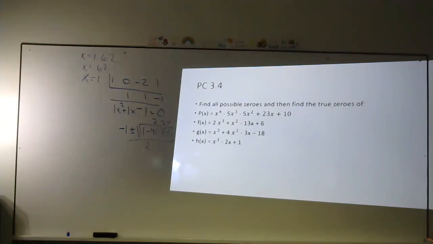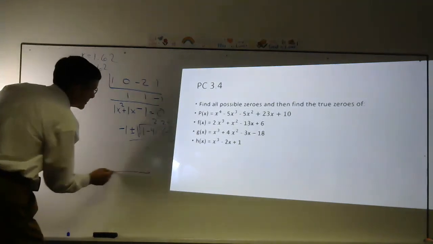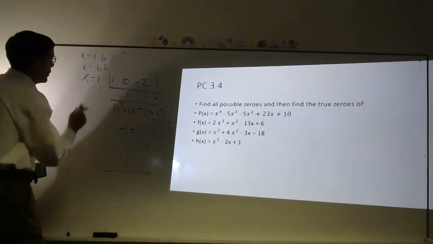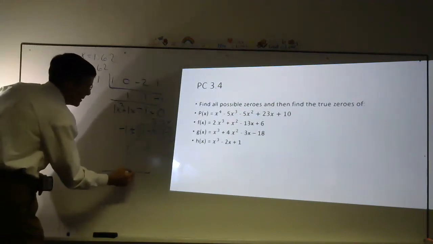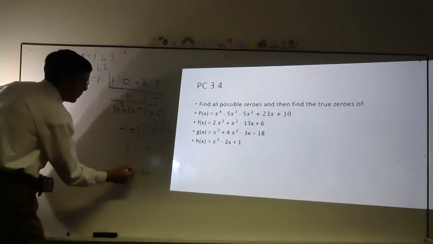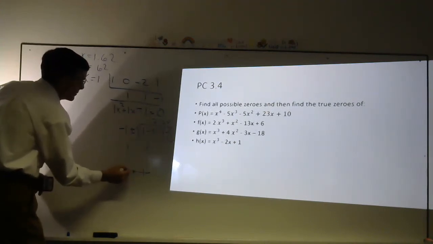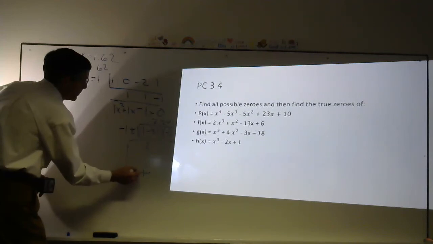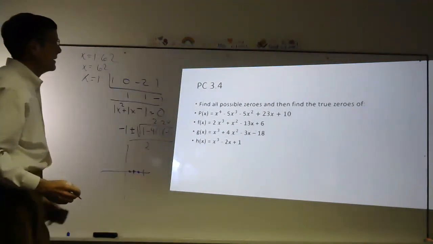Am I writing big enough? Hopefully. Well, that's getting a little iffy, so I better be careful. All right, so let's sketch it. So I have no zeros repeated, and everything is positive here. So I have 1, I have a 0.62, and I have a 1.62, okay?